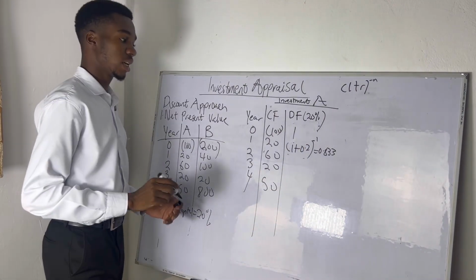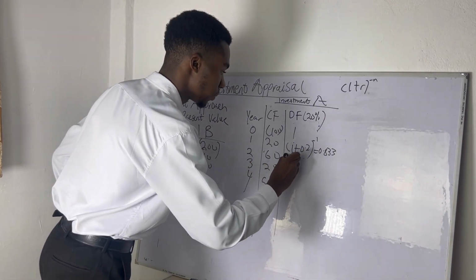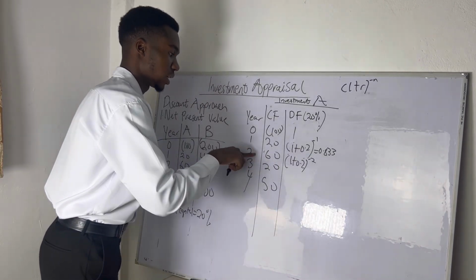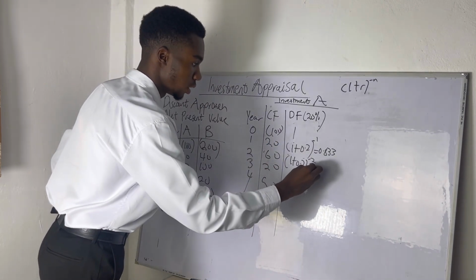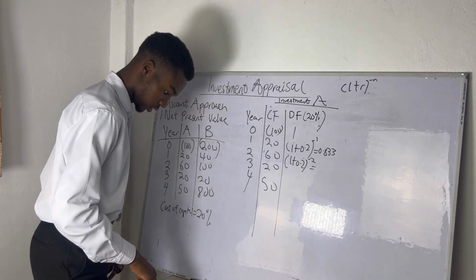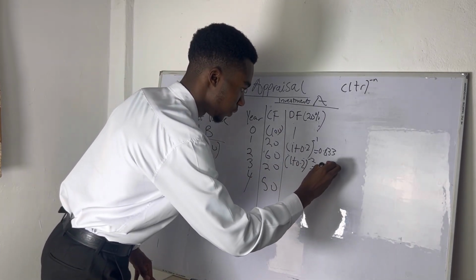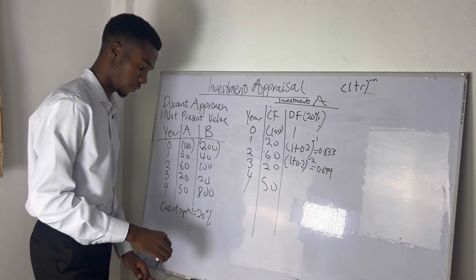Then for the second year, we have 1 plus 0.2 exponent negative 2, because it's the second year, and that is equal to 0.694.